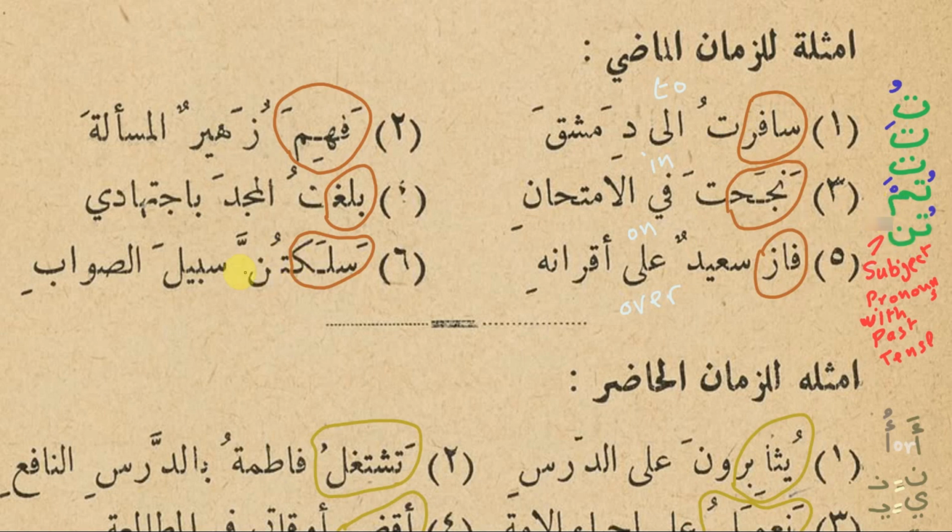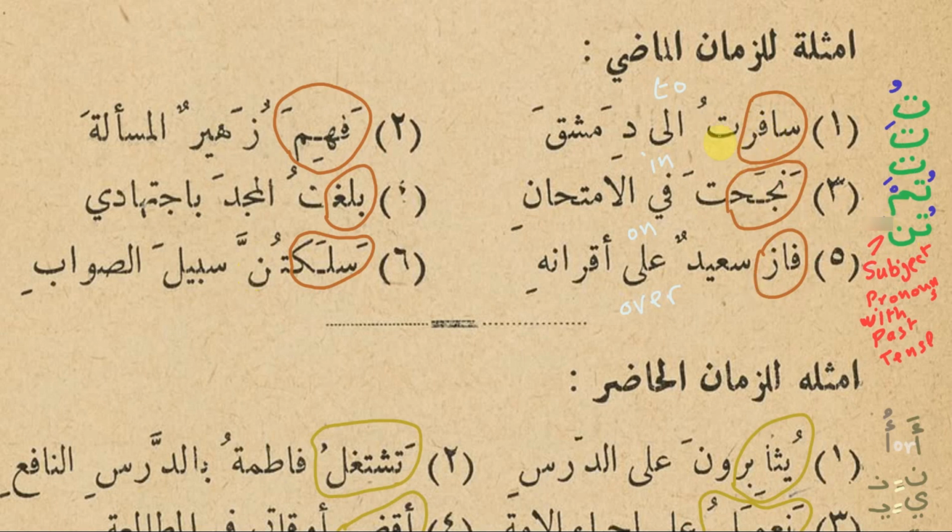Notice here سلكتن. So tunna here is for the second person, feminine plural. Tum, tunna. So this is just to give you an idea. As I said, we will go over this more later. But these are the pronouns that indicate the subject pronoun, meaning the doer of this action.